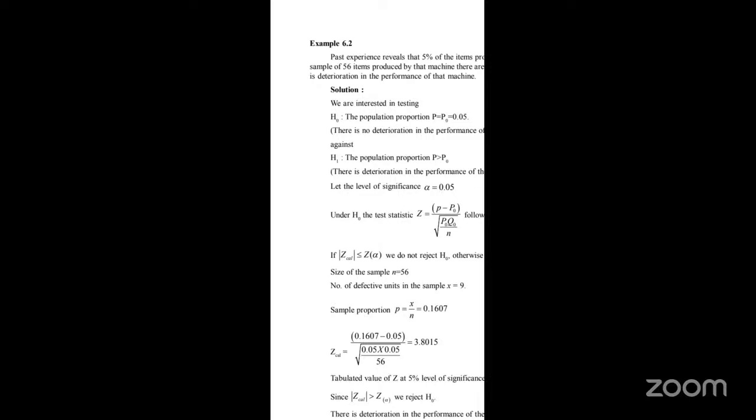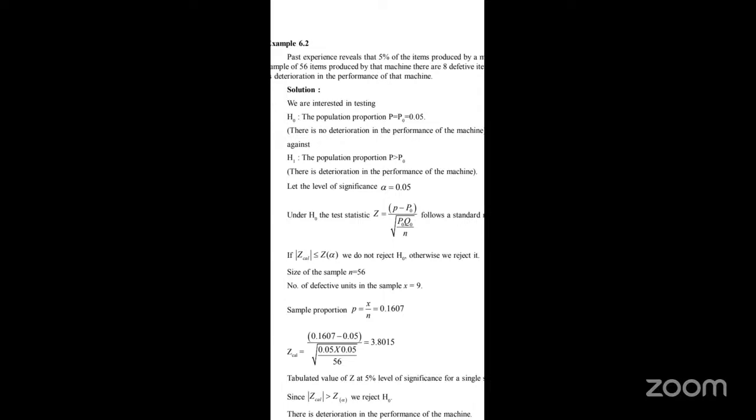So we have to check whether what the manufacturer says is valid. The proportion is P equal to 5%, that is 0.05, and our null hypothesis is that there is no deterioration in the performance of the machine, that 5% of the items are defective.